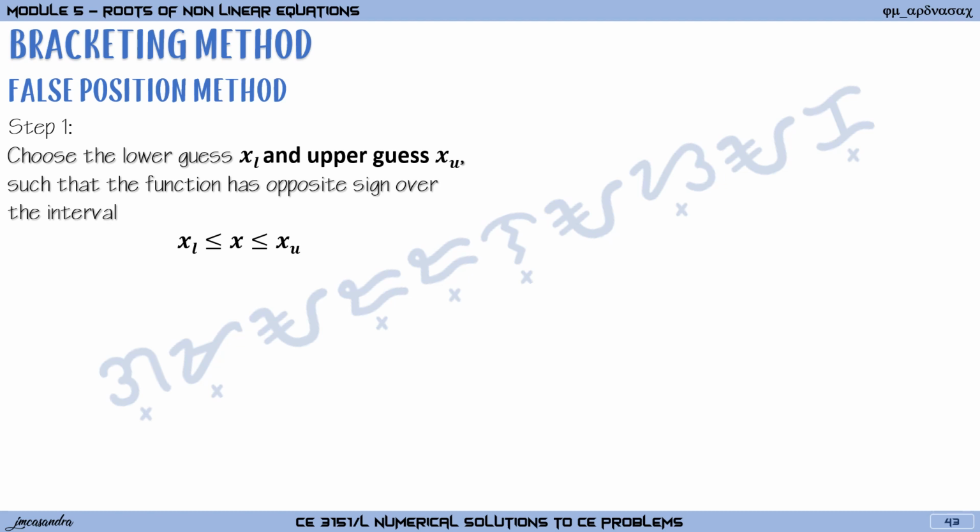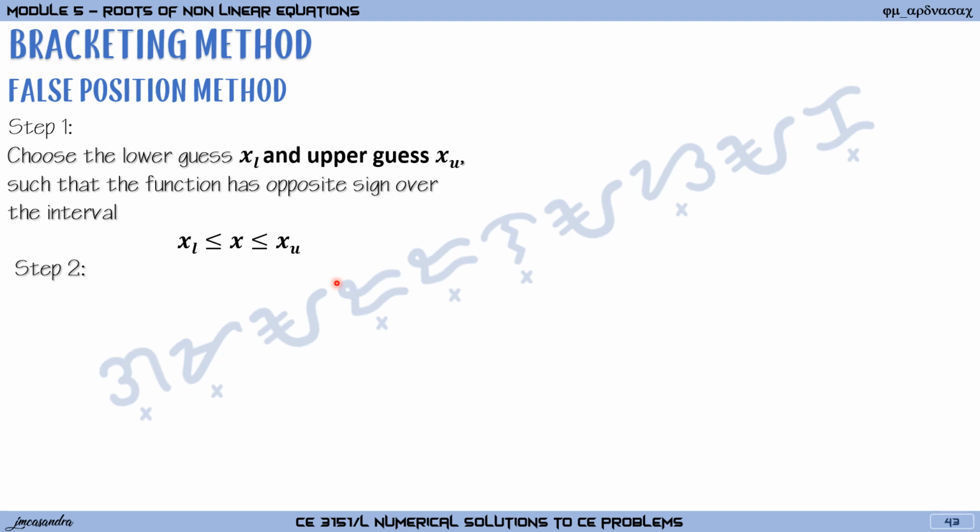Meaning our guess should be such that xl is less than or equal to the true root of the equation, and the root is less than or equal to xu.